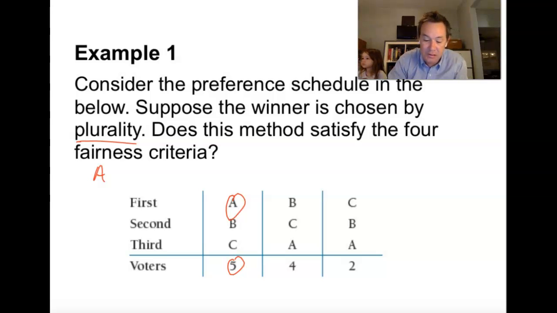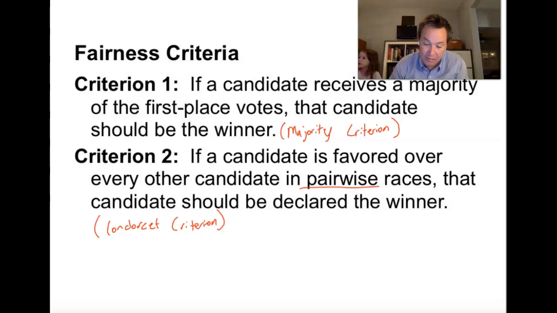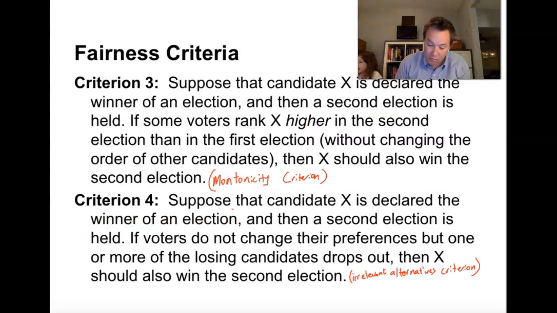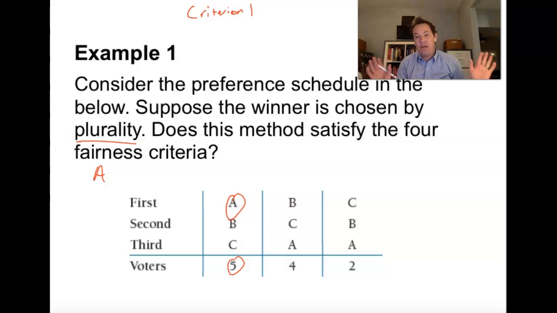So let's look at criterion 1. If a candidate receives a majority of the first place votes, that candidate should be the winner. Nobody received the majority of the votes here, so criterion 1 does not apply.